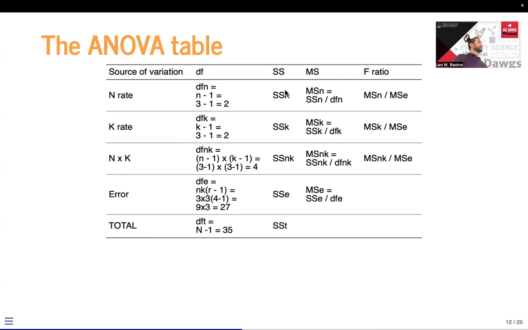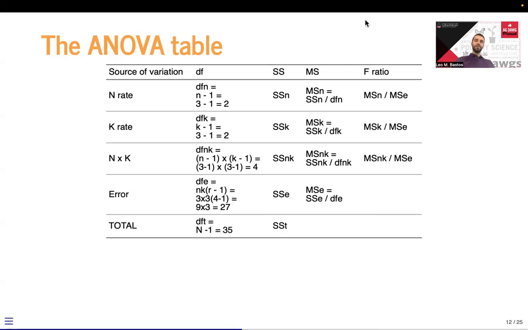So the mean squares is seeing how much information is being explained by the factor through the sum of the squares and dividing that by how many degrees of freedom you took to explain that variability. And it is still at the level of just that row. So this is sum of the squares of nitrogen divided by degrees of freedom of nitrogen, same for potassium, same for the interaction, and same for the error.